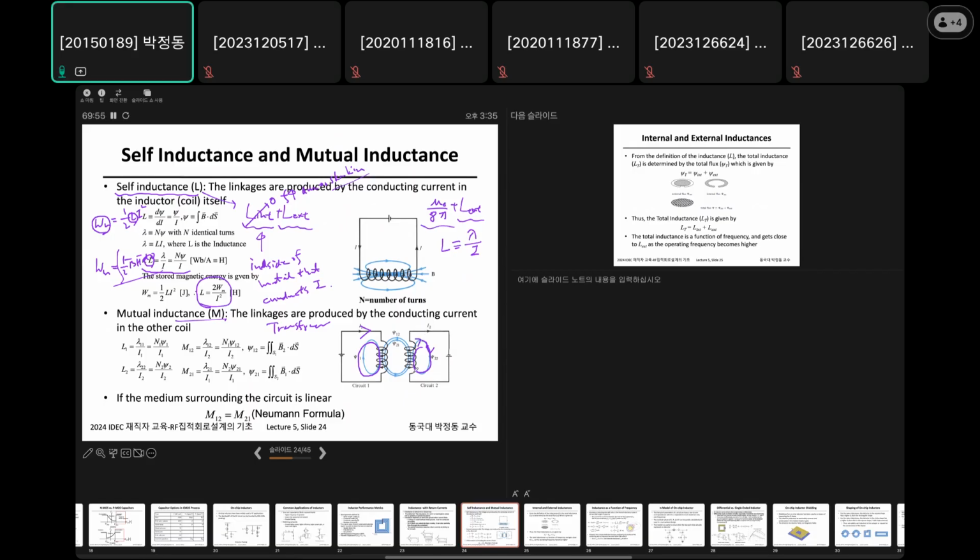Those conducting currents may induce their own flux.